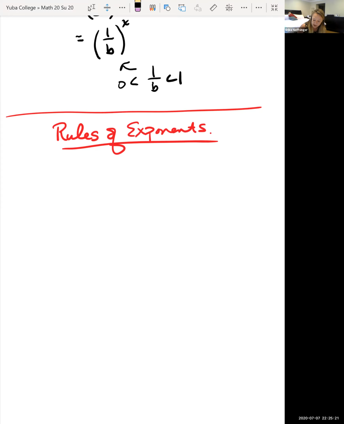If you have the same base and there's multiplication in between, you add your exponents. So b raised to the m power times b raised to the nth power is equal to b raised to the m plus n power. Power to a power is a multiplication, so b to the m raised to the nth is b to the m times n.